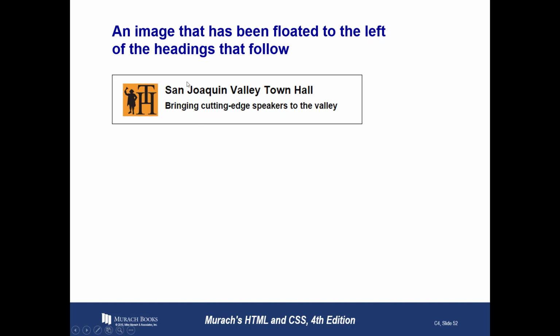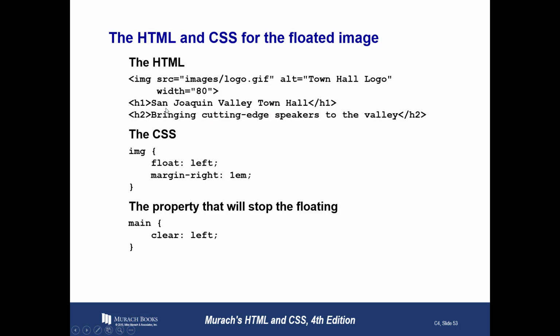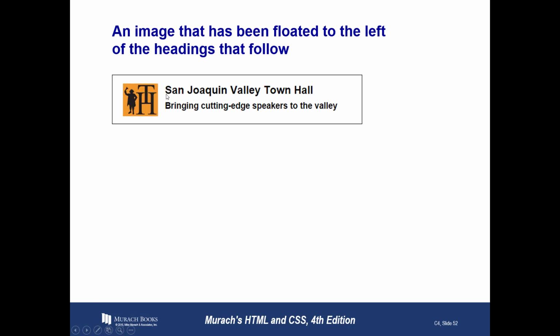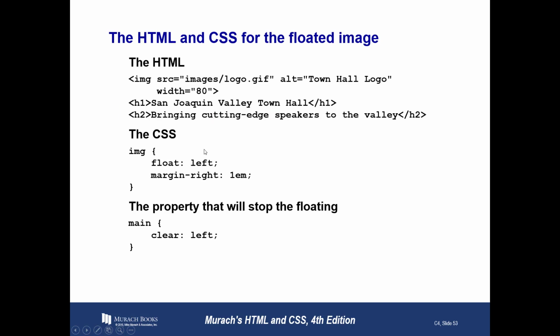All right. Probably the hardest thing for us to understand in this part of the class is what's called float. Here we floated our image to the left. By doing that, it took this text that went with it and brought it on the same line. When you don't float like this, oftentimes what will happen is these two lines of text will go below this.